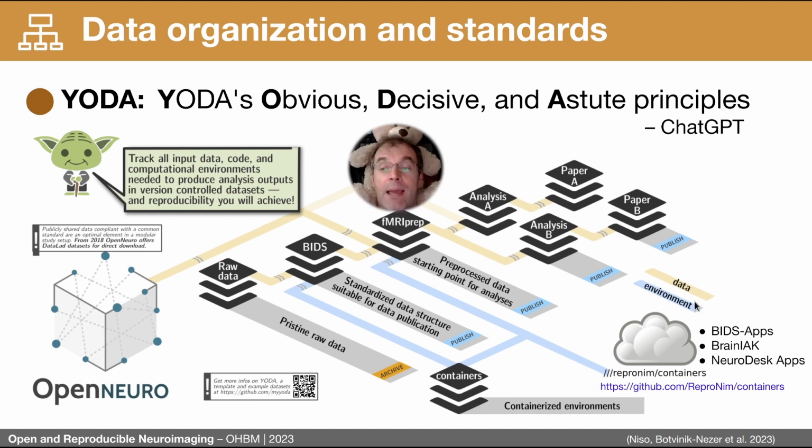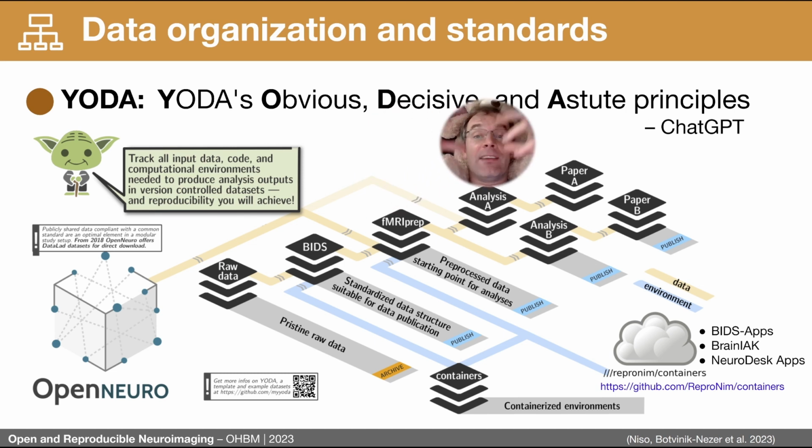So we provide BIDS apps, Neurodesk applications, and Brainlife. So the fMRIPrep dataset could contain pointers to, or contain, the BIDS dataset, and also containers which were used to produce that dataset. And that dataset could be nested within your analytics or analysis.